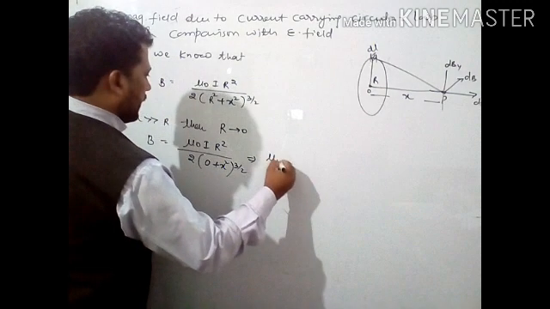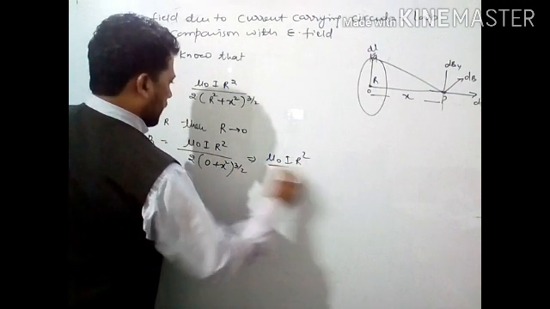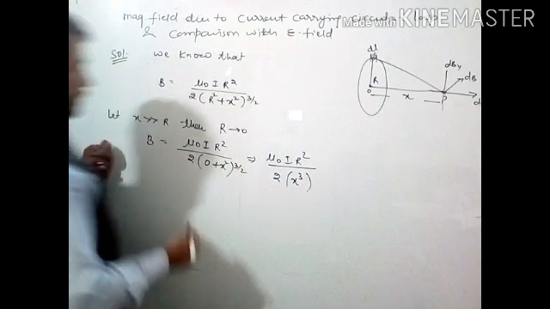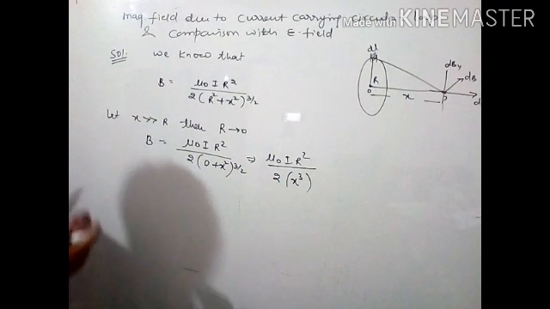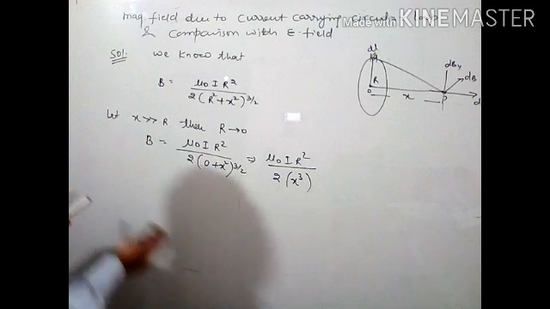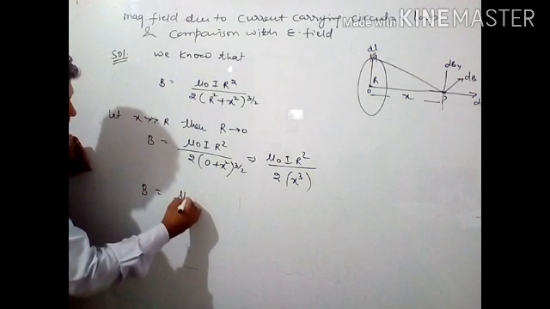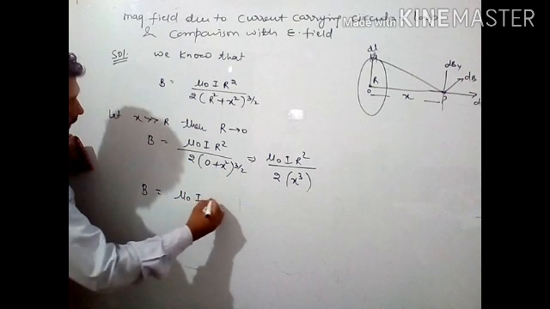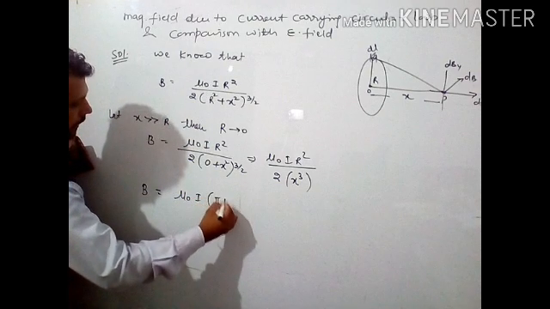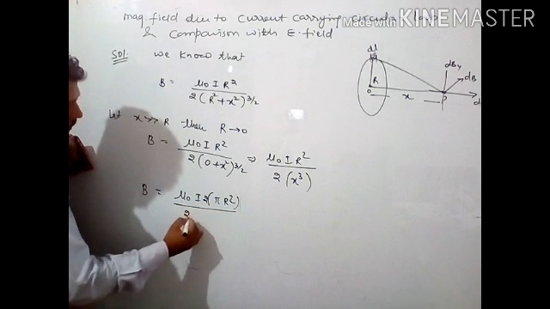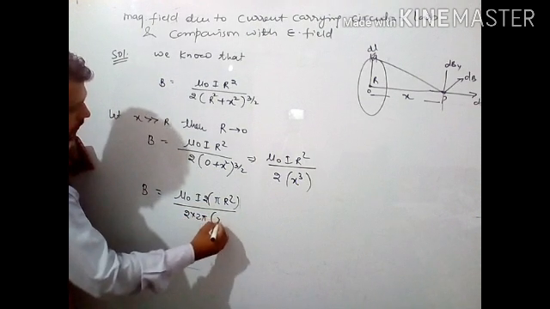So it can be written as mu naught I r square upon 2 x cube. Okay, in this way we can write this, and B is equal to mu naught I into pi r square upon 2 into 2 pi.